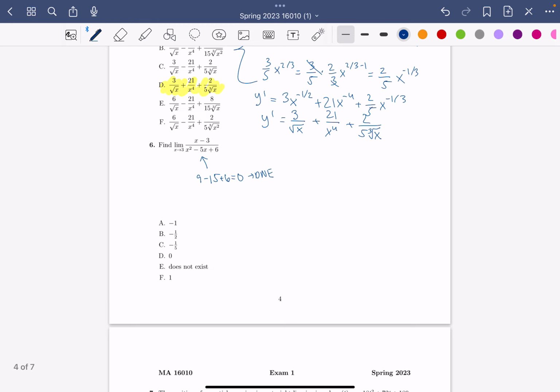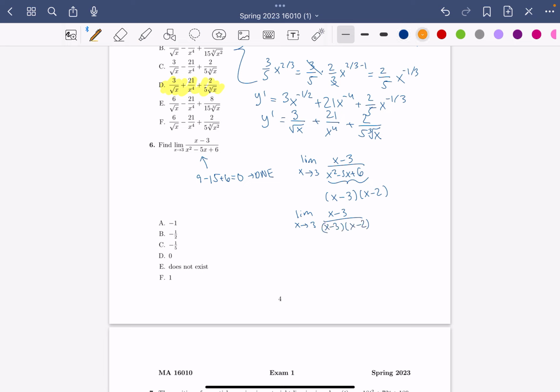So, instead, we can try to find ways to reduce the limit. In this case, if I rewrite it, we say limit as x approaches 3 of (x - 3)/(x² - 5x + 6). Now we can see that the bottom is factorable. It can be factored into (x - 3) and (x - 2). Let me rewrite this to make this more clear: (x - 3) over (x - 3)(x - 2).